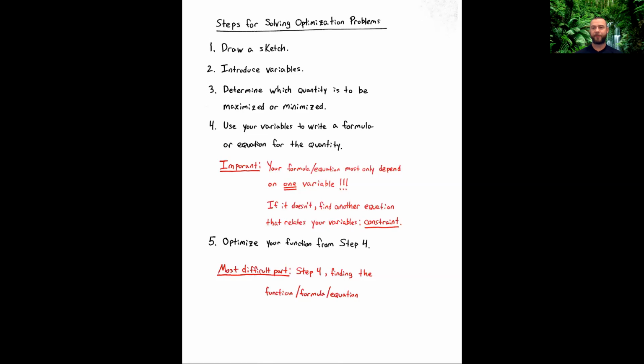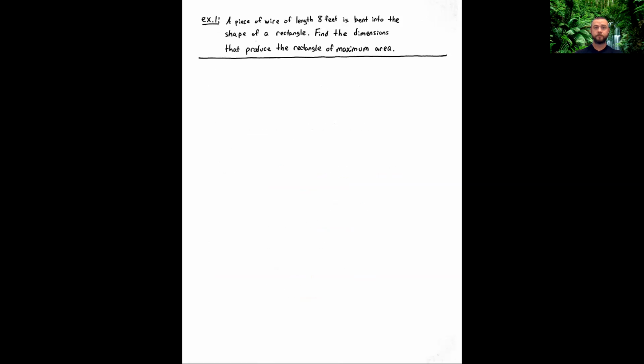The first few examples in this part will be on the simpler side, basically just needing to know the area of a rectangle and volume of a rectangular box. The examples in part 2 are where it gets a little more complicated. With that in mind, let's get to our first example.